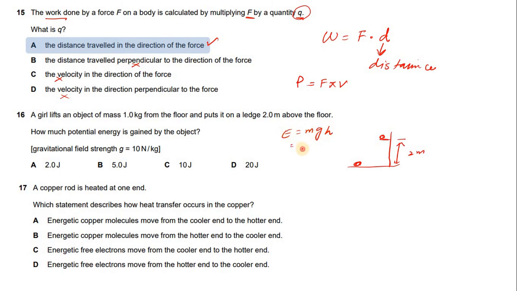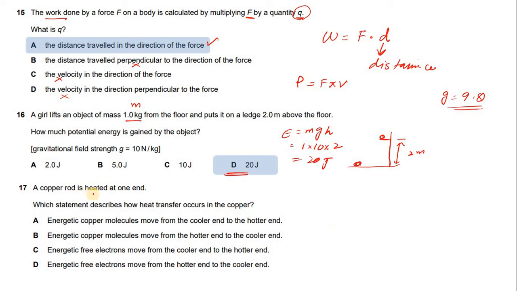M is the mass, 1 kilogram. g is 10. Remember, g is 10 or g is 9.8, maybe in the new syllabus. So into h. h is the height, 2. So 2 times 10, 20, and the 20 joule. So option must be D.